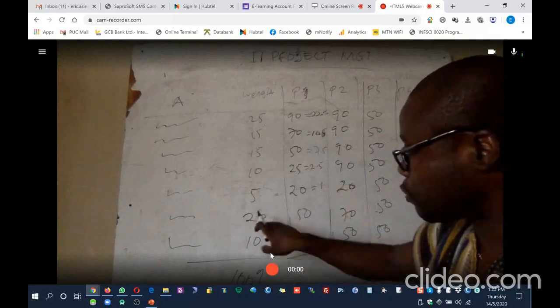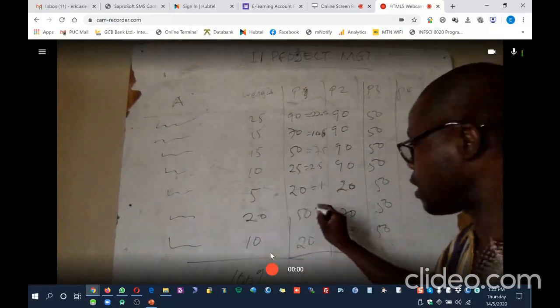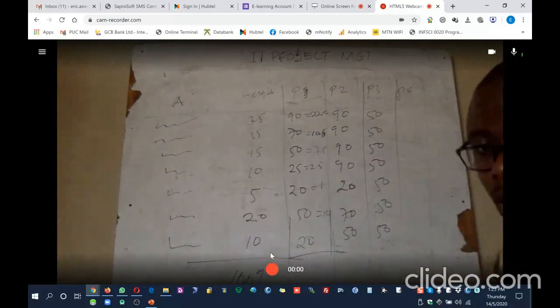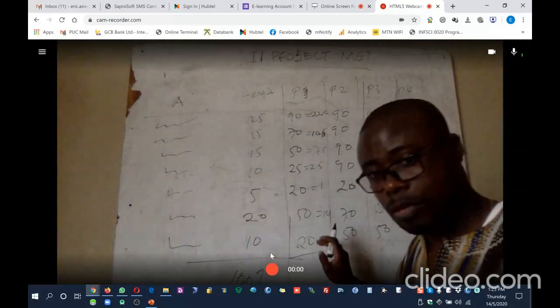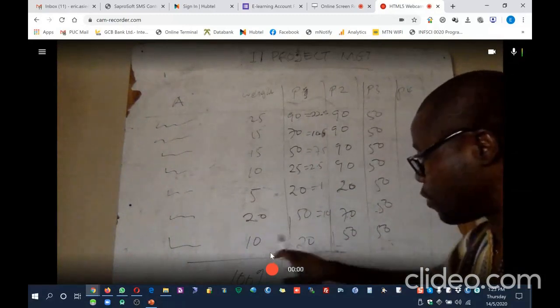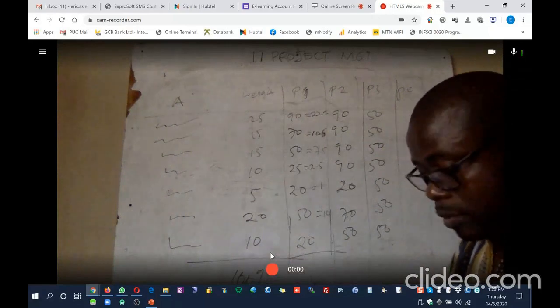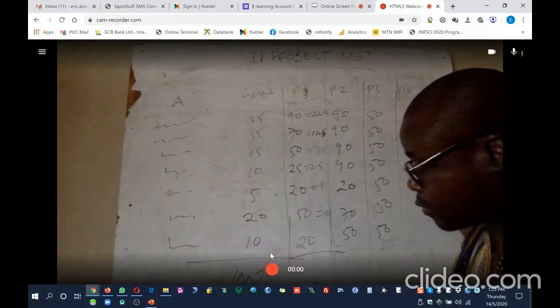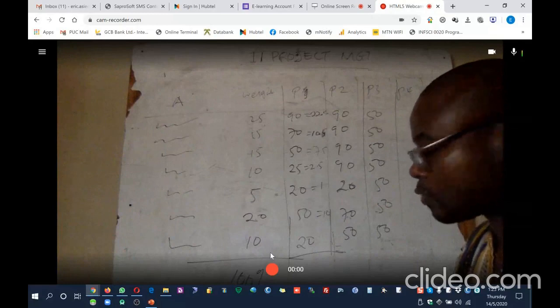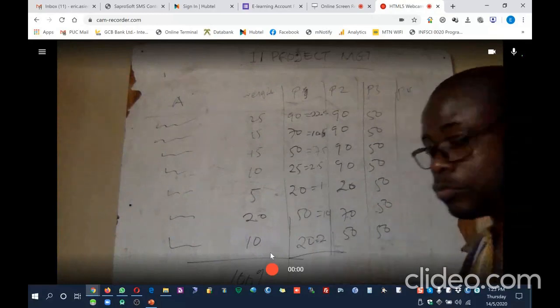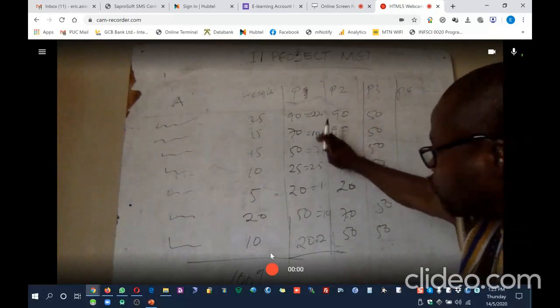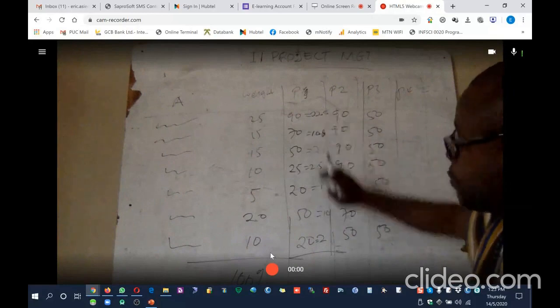Then you're looking for 20%, you score 50%, so that is just equal to 10%, half of it. Then you're looking for 10%, you score 20% of it. So it becomes 0.1 times 20, and that gives you 2. So we now sum these actual weights up.